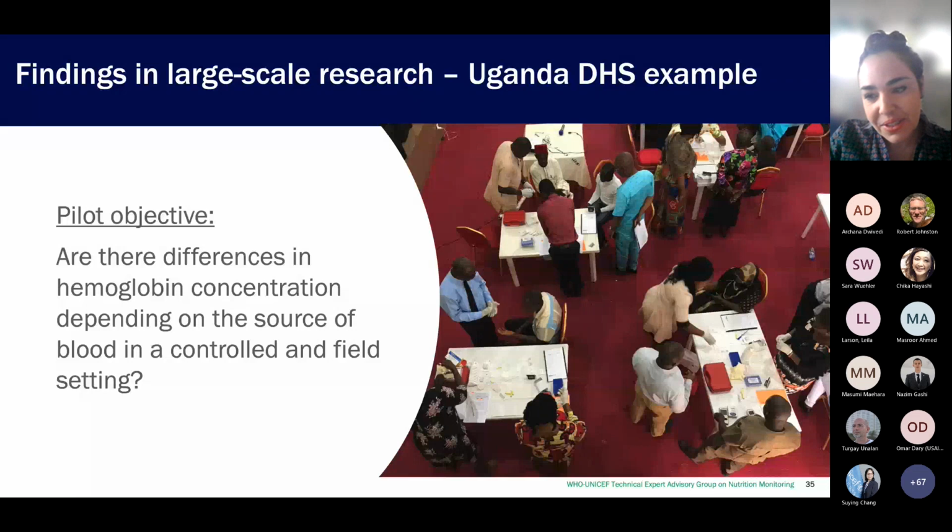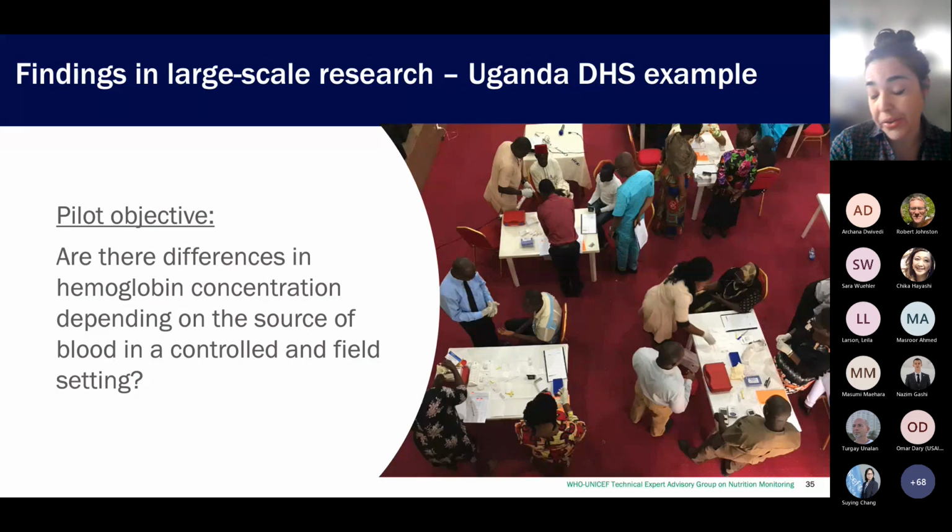It's a pleasure to be with you today to share the results of the hemoglobin pilot that DHS conducted and also discuss survey implications for measuring hemoglobin using venous blood. So the DHS program is the single largest source of hemoglobin data globally and has been using the same procedure since the 1990s, which is a single drop of capillary blood measured on a HemoQ 201 plus.